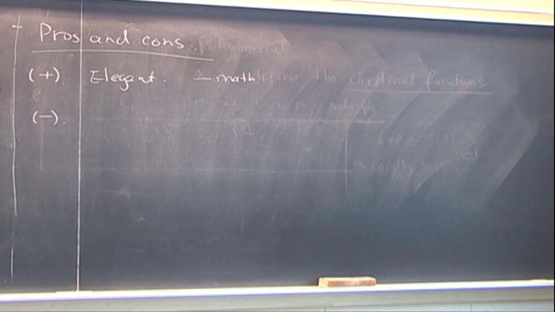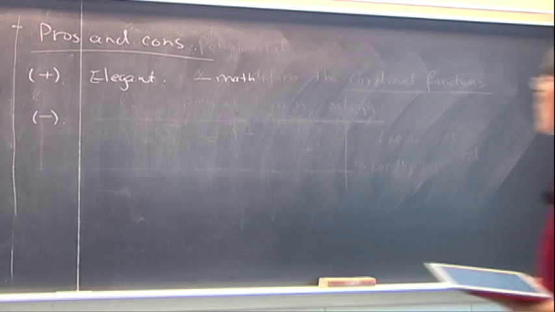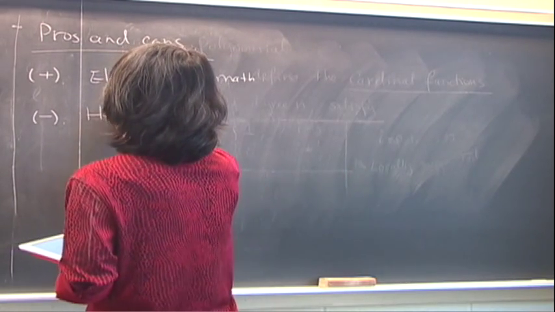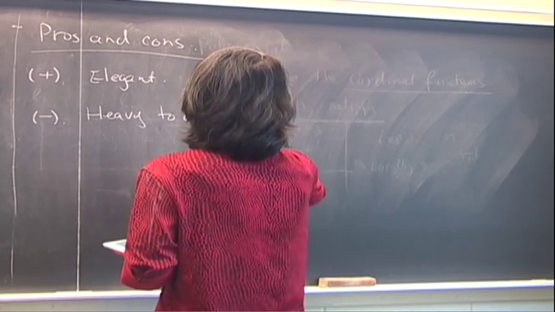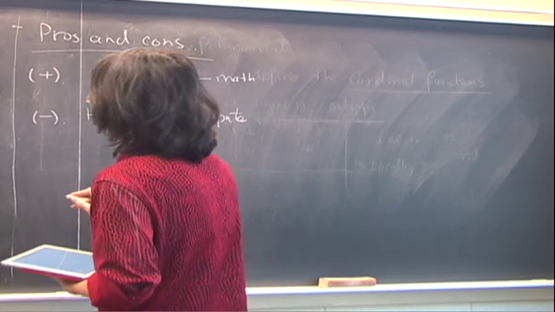I don't think it's that quick, is it? Each cardinal function takes so much fuss to get, right? And each one is different. You computed L0, and you cannot use it for L1. You have to start all from scratch, and everything is different. So I have to say heavy to compute, slow. Okay, so that's one drawback.